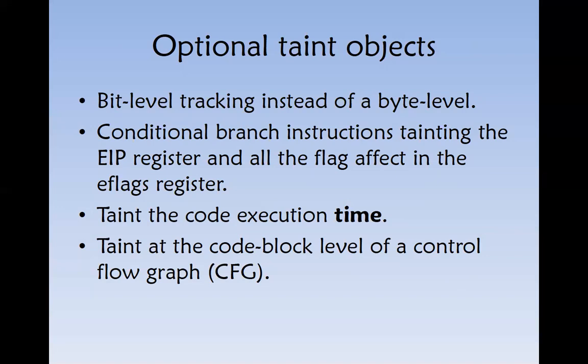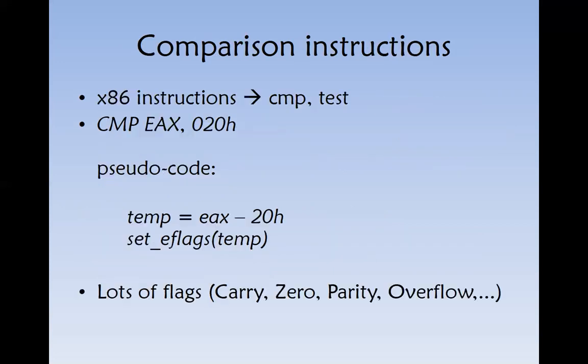If you've got two branches of an if-then-else, a true branch and a false branch, and the conditional to the if itself is tainted, then the entire block of code that you execute, be it the true branch or the false branch, gets tainted. These are all various advanced methods of tainting, and we'll look at them.